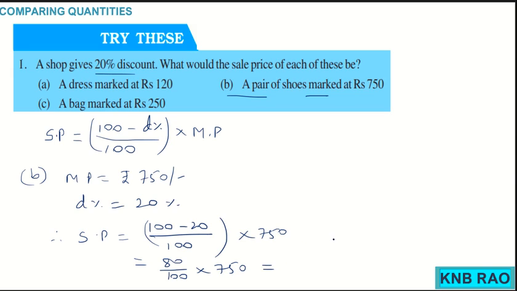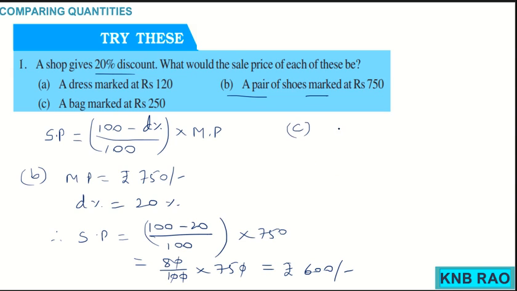After cancellation you will get rupees 600. It is very simple to cancel. This 10 and this 10 cancel. 75 8s are rupees 600.